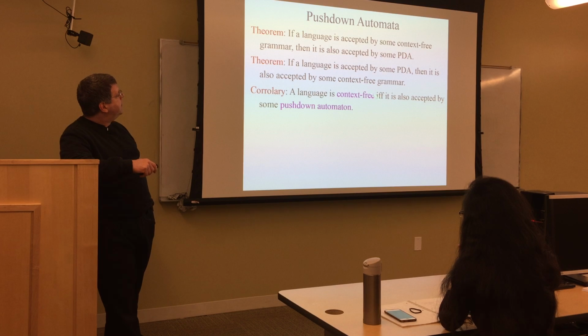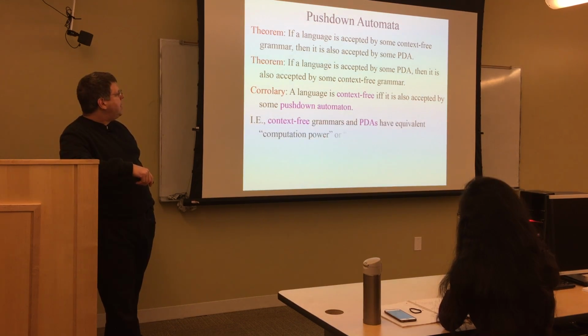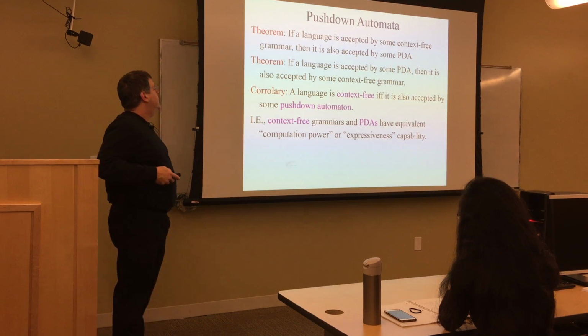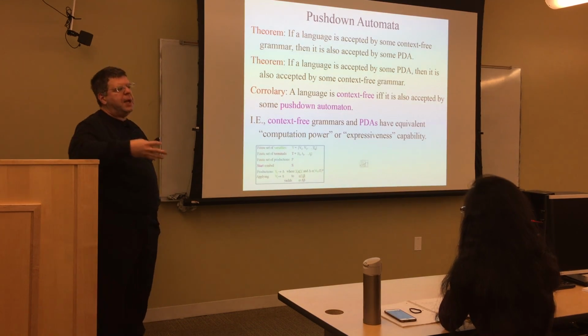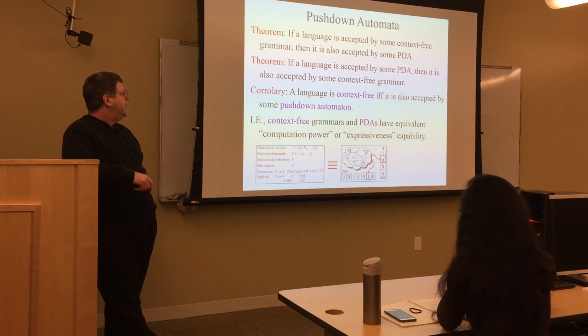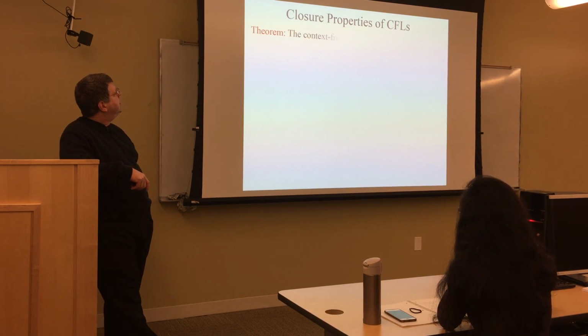It's a complete characterization. So context-free grammars and PDAs have equivalent expressiveness, or computation power, or recognition power of languages, again mimicking the finite automata and regular expressions case. Okay, so please know that. We'll use that many times in what's coming next.